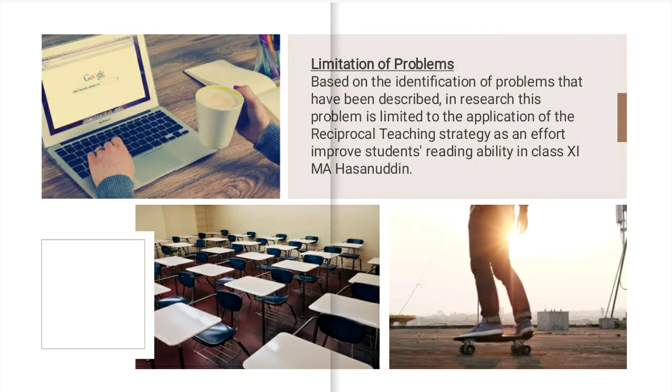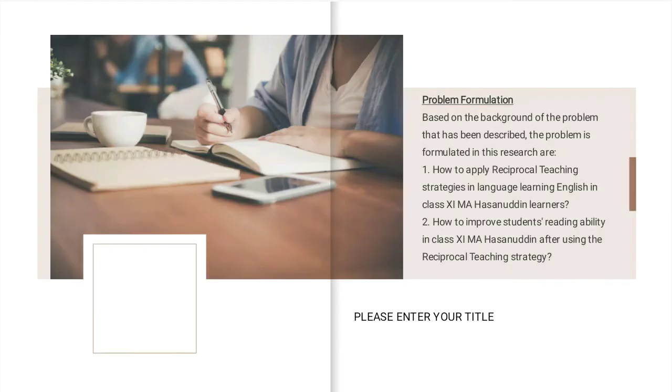Limitation of problem. Based on the identification of problems that have been described, this research is limited to the application of the reciprocal teaching strategy as an effort to improve student reading ability in class 11 MA Hasanuddin. Problem formulation.